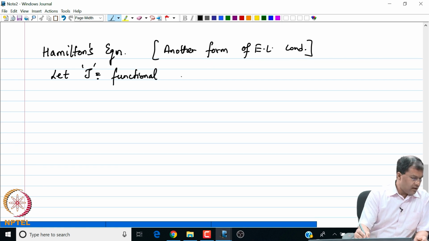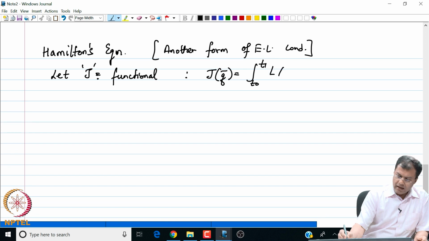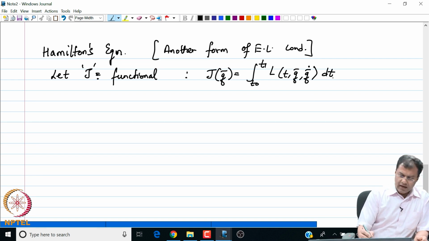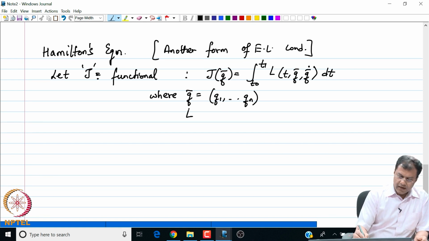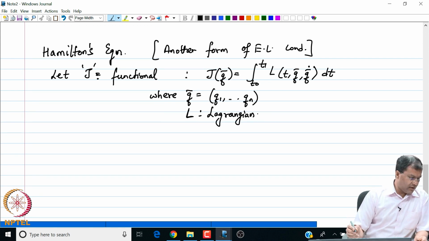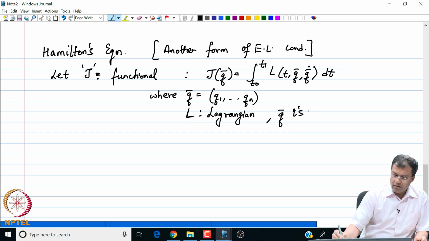Let J be a functional such that J of q bar is the integral from t0 to t1 of L of t, q bar, q bar dot dt, where my vector q bar is q1, q2, ..., qn, and my function L is the Lagrangian function.